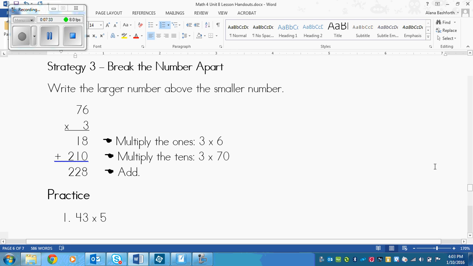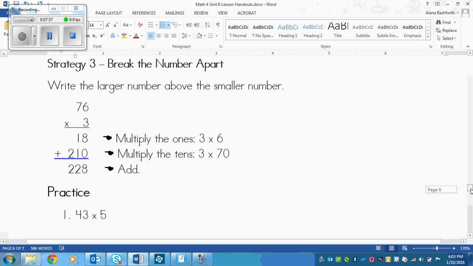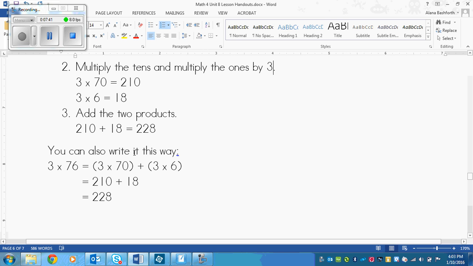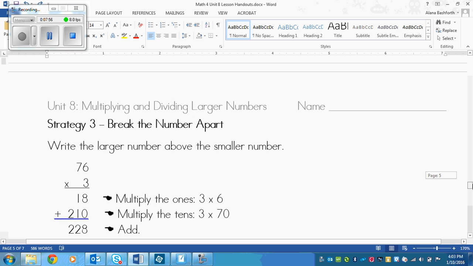Okay, so that's the explanation for all 3 of the strategies. You're definitely going to need to know how to do this one in your textbook. The first question is going to give you something like this, and you're going to have to tell us what number would go there. Make sure you rewatch that part of the video if you weren't sure.